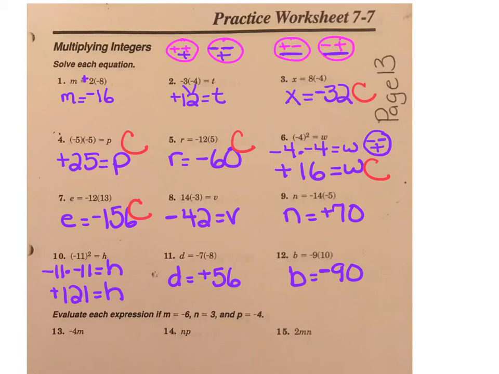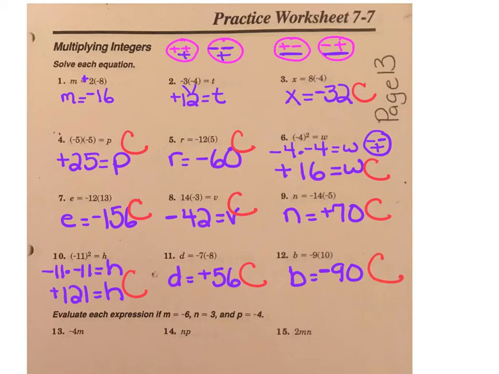Number 8, negative 42 equals V. Number 9, N equals positive 70. Number 10, positive 121 equals H. Number 11, D equals positive 56. And number 12, B equals negative 90.